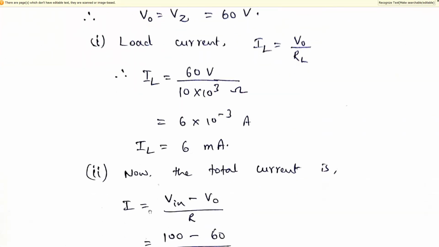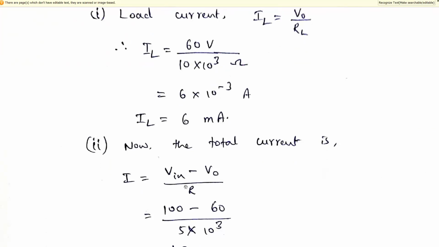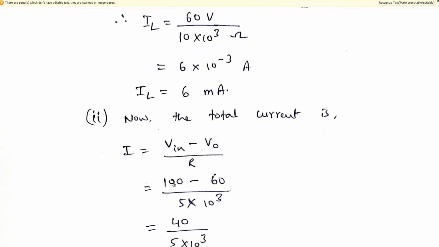Next, the total current you can calculate, that is given by I is equal to input voltage minus output voltage divided by the series resistance. Basically, this gives you the voltage drop across the series resistance, and voltage drop divided by resistance gives you the current. Substitute: input voltage is 100 volt, output voltage is 60 volt, and the series resistance is 5 kilo ohm.